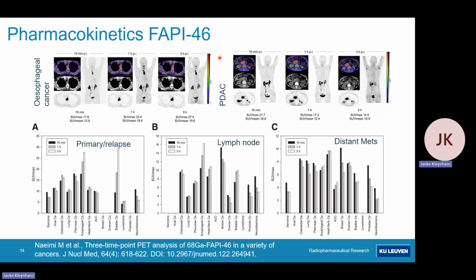FAPi 46 seems to be better in primary tumors, so it doesn't wash out after 3 hours at least, but it does seem to wash out of lymph nodes and distant metastases, so it's still not optimal. So FAPi 46 is still not optimal for therapy, but it's a really good diagnostic molecule, and it is currently the one used for gallium labeling.